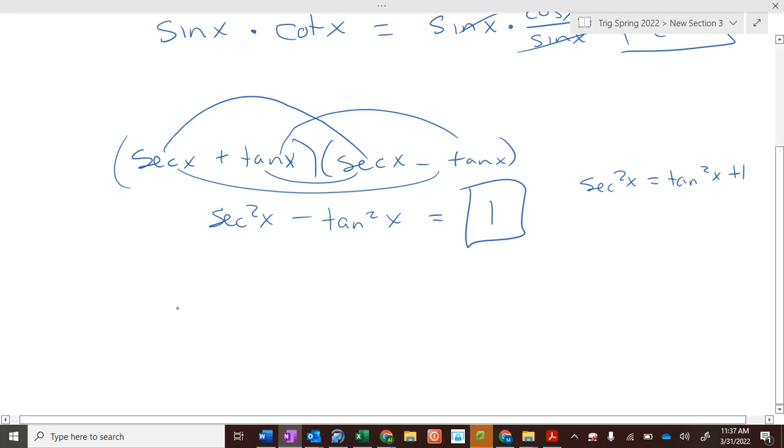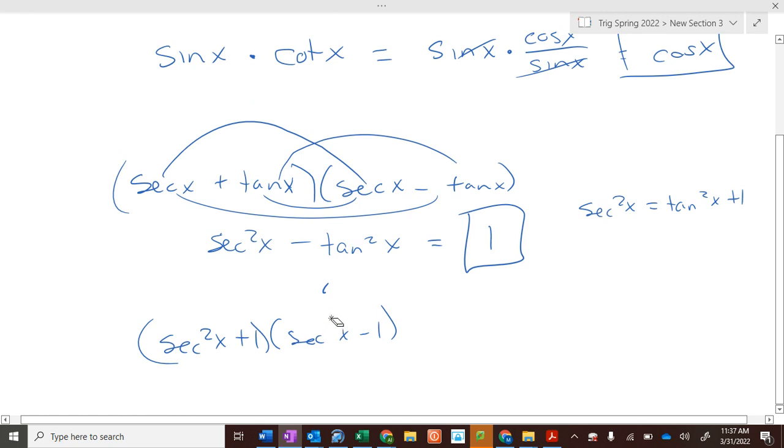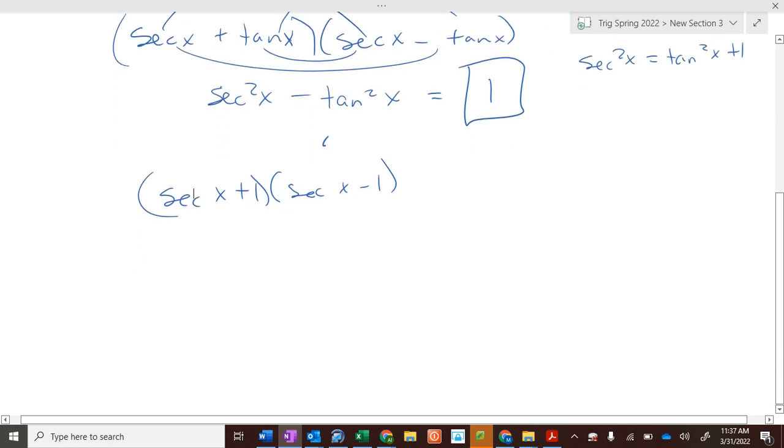Let's say we have secant of x plus 1 times secant of x minus 1. All right. So, are they conjugates? Yeah. So secant times secant is secant squared. Outers and inners cancel.